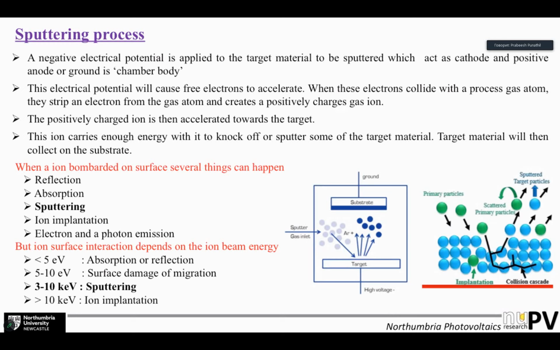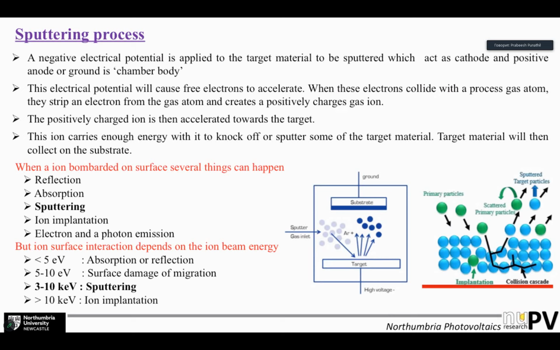We call it an argon ion, and it is positively charged. This positively charged argon ion is attracted towards the target surface because it is negative. If it has sufficient energy, the argon ion will hit the target surface, eject some of the material from it, and deposit it onto the substrate.